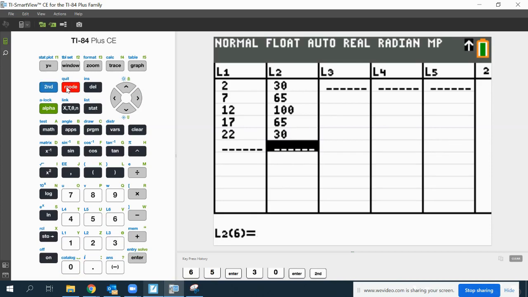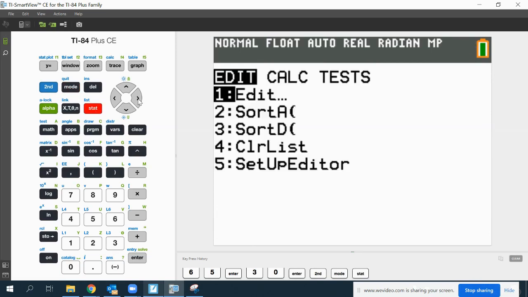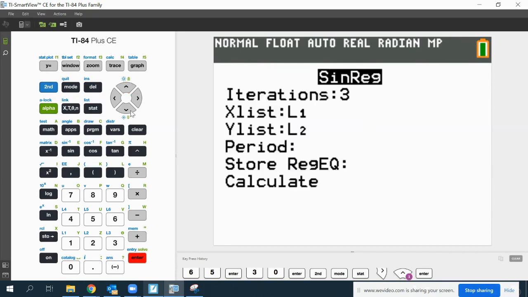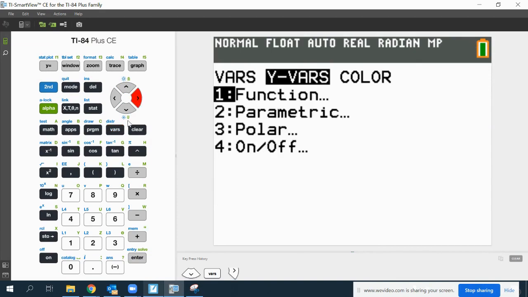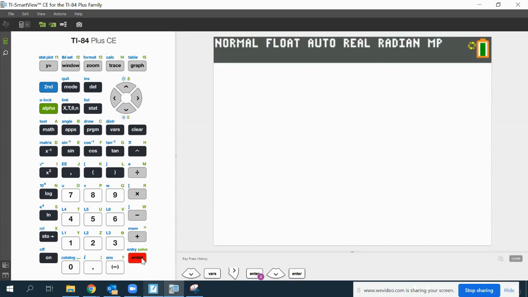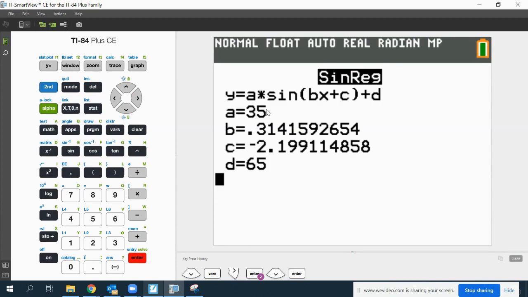So then I'll go back to the main screen, stat, then do a sine regression. The period appears to be 20. And I will store my regression equation in Y1. Then when I calculate, I end up with this as my answer.